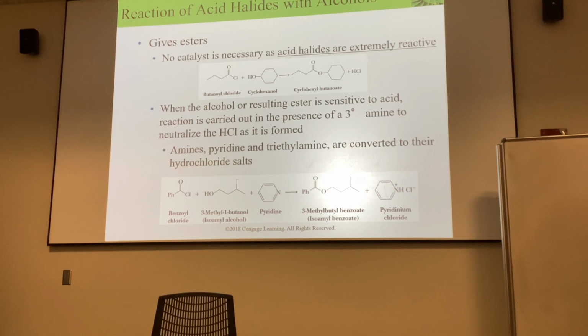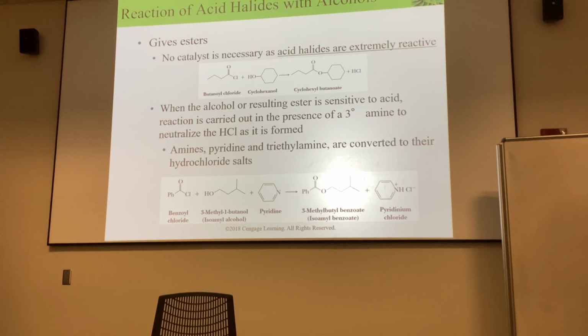Let's see. If the alcohol or ester is sensitive to acid, remember when we react acid halides, we end up with HCl, right? HCl isn't overly meaningful because, well, actually, it is meaningful because we usually do this without any water around, right?